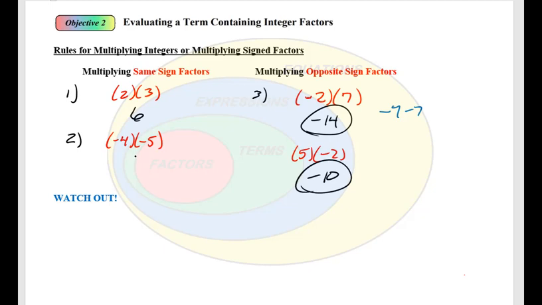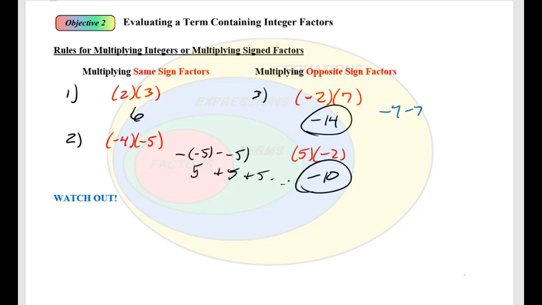Then if we have a negative 4 times negative 5, it's like subtracting a negative, or taking the opposite of negative 5, 4 times. And every time I take the opposite of negative 5, I actually get 5 plus 5 plus 5, and that would be 4 times.